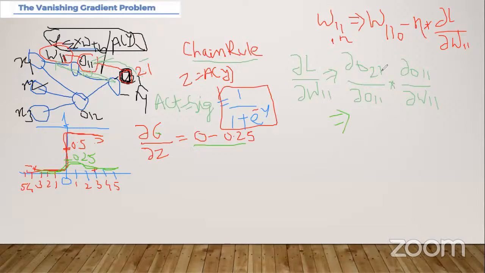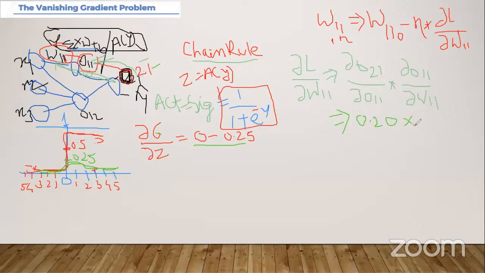So this is my chain rule. If I take the derivative at different stages, what will happen? If I take the derivative of the output O21 with respect to O11, the value will come somewhere around, let's say, 0.2.